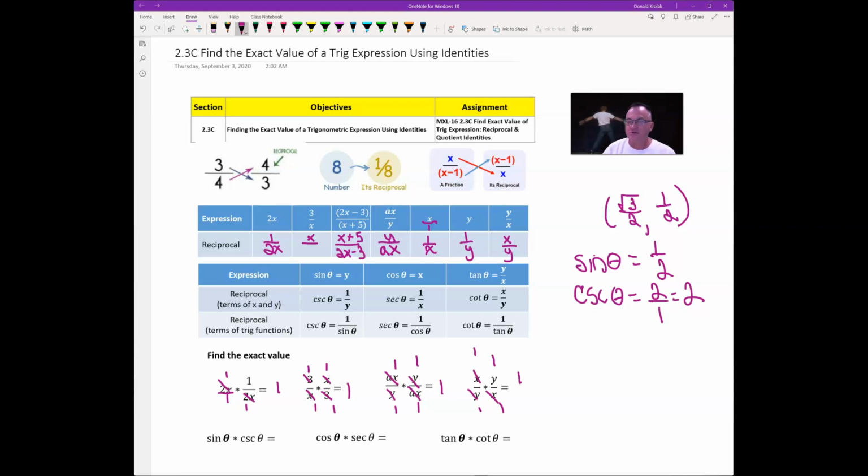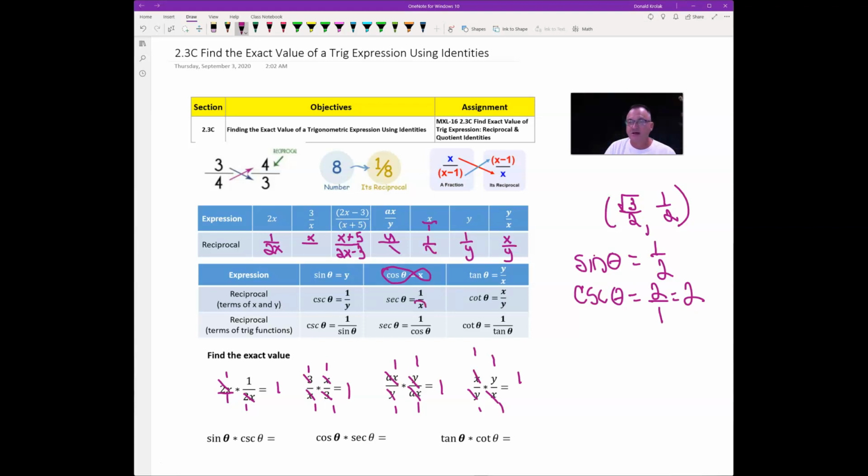And then the same is true for the remaining ones here. I know the reciprocal of x is 1 over x. The reciprocal of the cosine we call the secant. Well, x and cosine are the same thing.